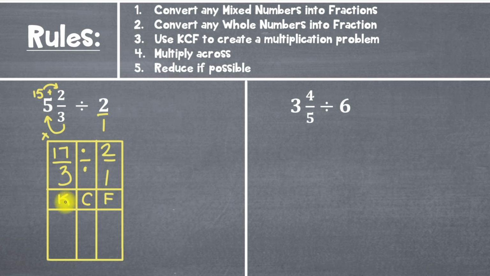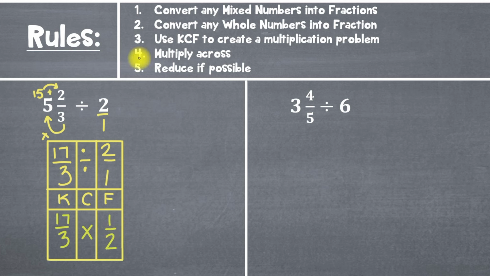The K stands for keep, which means I'll keep this first fraction exactly the way it is. My C stands for change. And like rule 3 said, we're using it to change division into multiplication. So I'll write a multiplication symbol right here. And the F stands for flip, which just means I'm going to take this 2 over 1 and flip it so that it becomes 1 over 2.